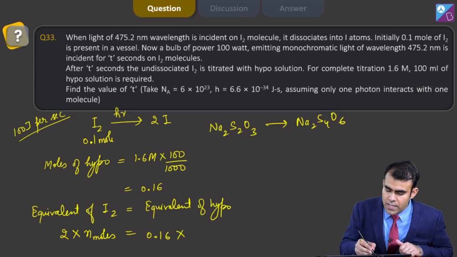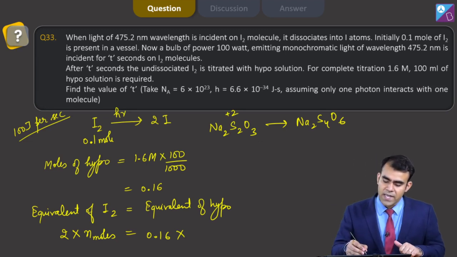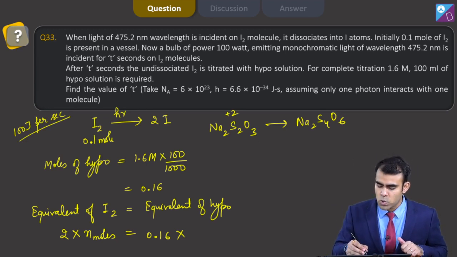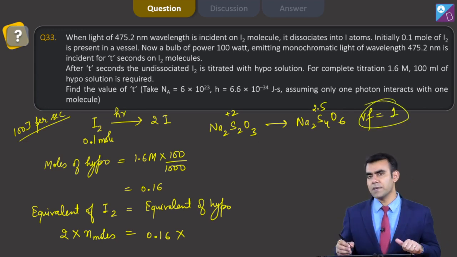Na2S4O6. Now here the oxidation state of sulfur is +2, whereas here the oxidation state, you can see, is 12 minus 2, that is 10 divided by 4, 5 by 2, 2.5. So the valency factor for hypo is 1 from here.